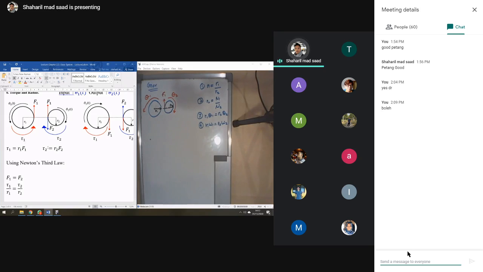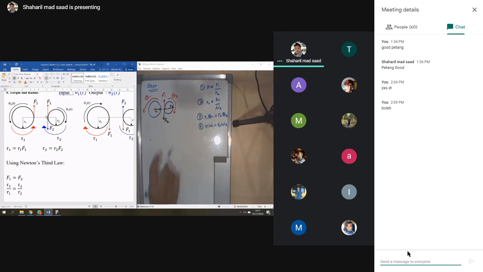Okay, you can look at the notes that I give to you. F1 here. Alright, and so when gear 1 applies force at this second gear, F1, the gear 2 tries to force it back, right, tries to fight it back. So now you will have the force F2 here.